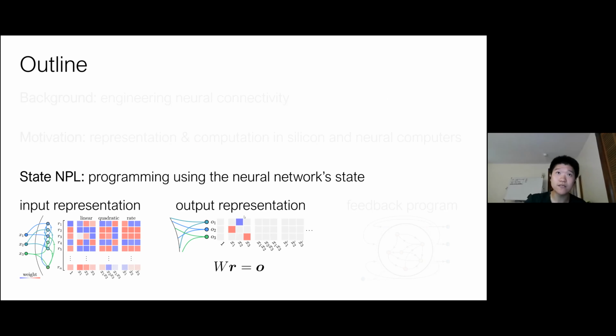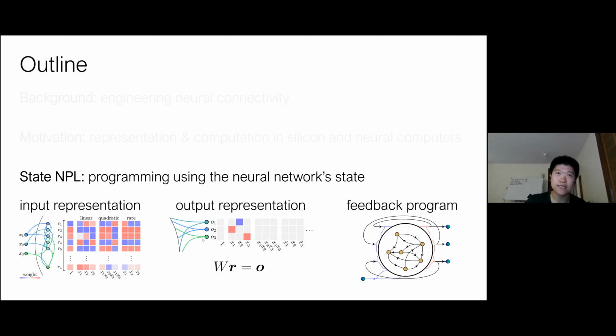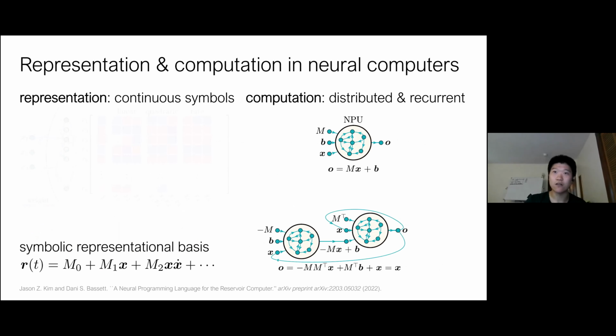And then we program some output by taking linear combinations of those representations to give us some function of the inputs based on that representation. And then by performing feedback, we set an equivalence relationship between the outputs and the inputs to solve some kind of x equals f of x equation.